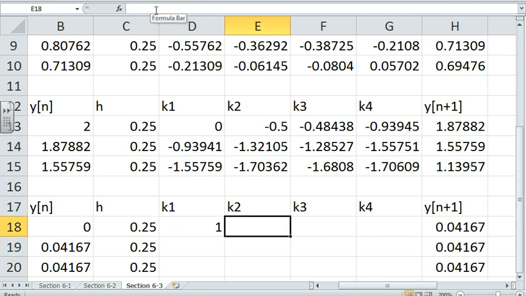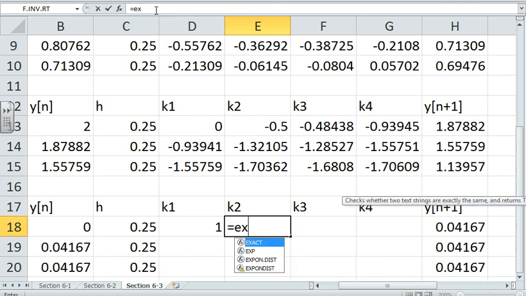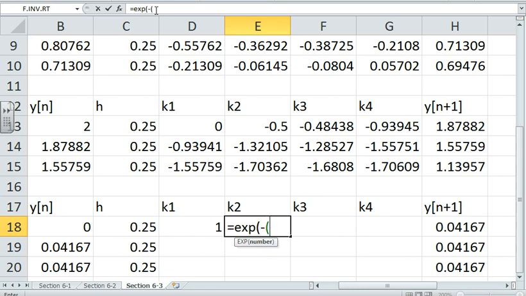K1 equals exponential of minus parentheses B18 plus 0.5 times C18 times K1, D18. Close parentheses.